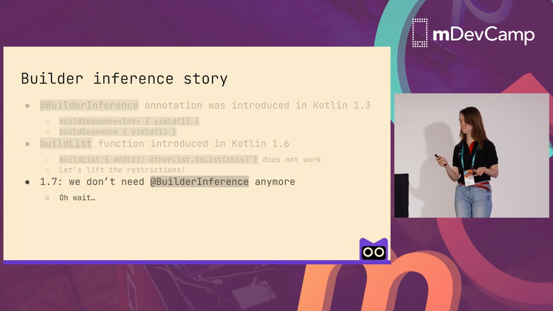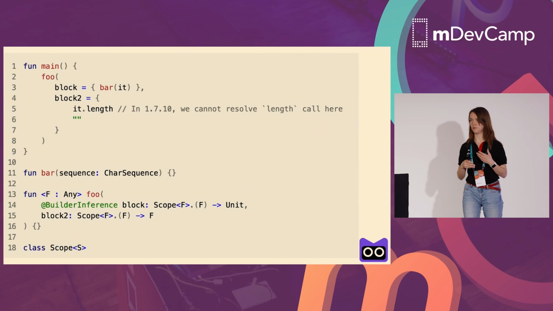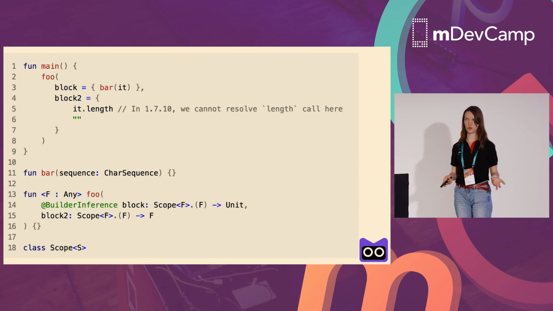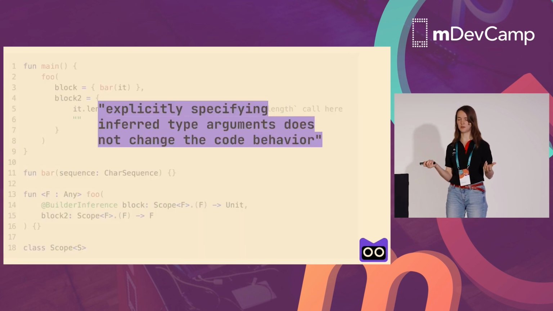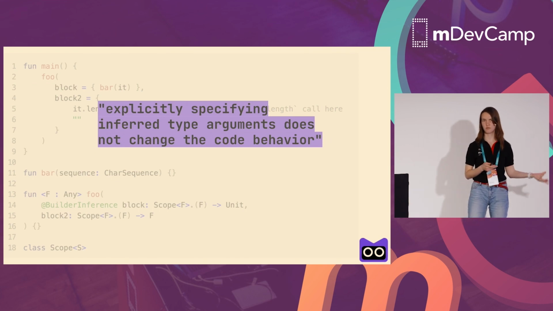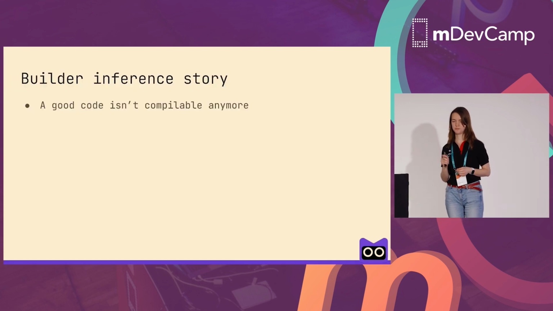Everyone is happy. In fact, some code turned out to be not compilable anymore. So previously green code wouldn't compile, and this was a huge violation of our main principle that if we have explicitly specified the type for an expression, it shouldn't change anything, but it did.